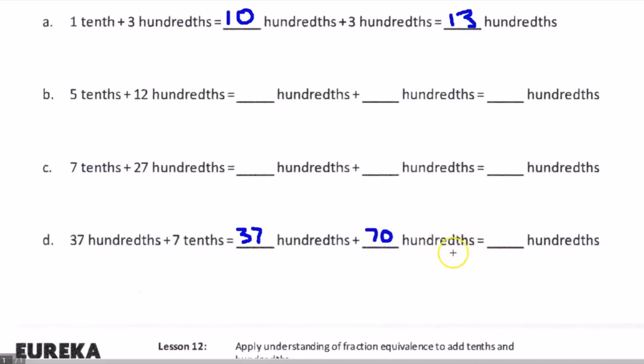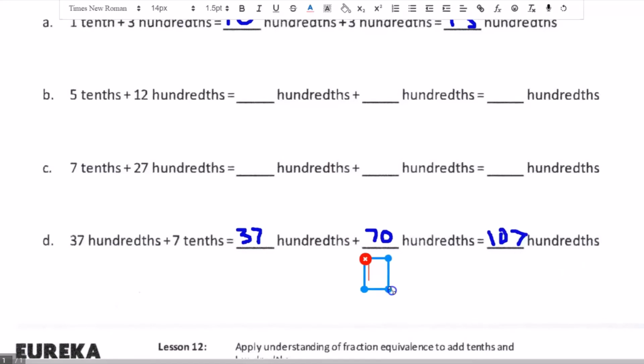And now you have to do some adding. But in this lesson, we're going to see that we're going to move up to the ones place. So watch this. 3 plus 7 is 10. Plus 7 more is 107. Now, as a decimal, you're going to see that when you have 100 hundredths, that is equal to 1.